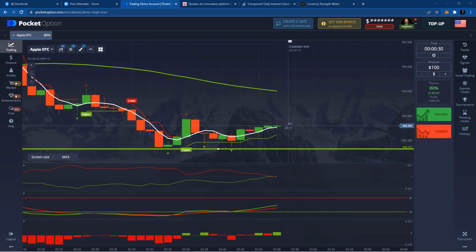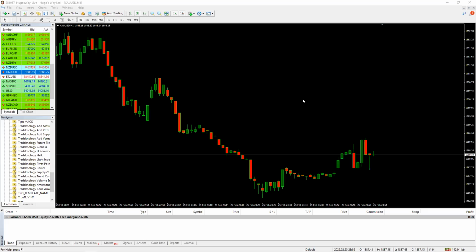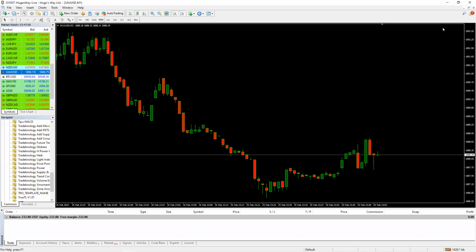All right. So what we're going to do is change my screen share to the other screen. Can you see my screen? Yes.